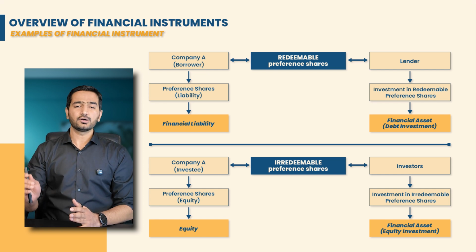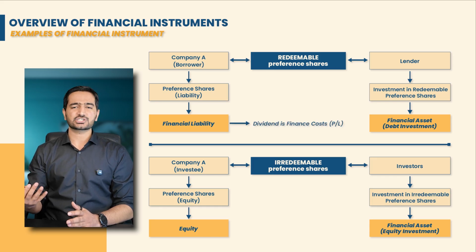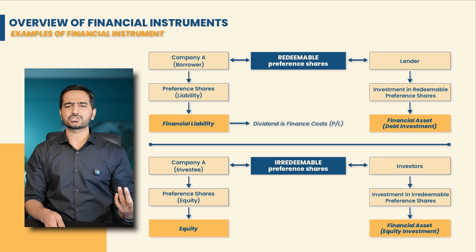The dividend on redeemable preference share is treated as finance cost, interest expense in profit and loss, because the instrument itself is a liability. So the cost of that liability, the dividend, is financing cost, just like interest on a bank loan. But the dividend on ordinary shares or irredeemable preference shares is a distribution to equity holders.